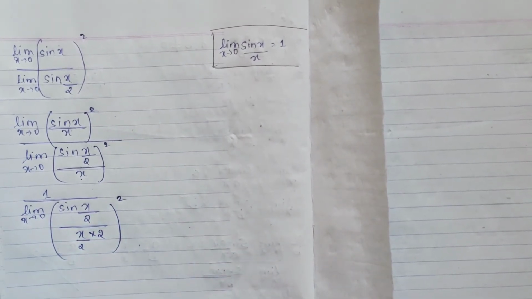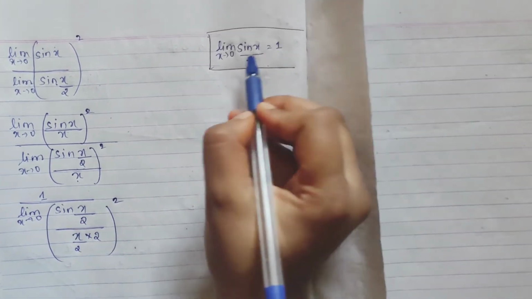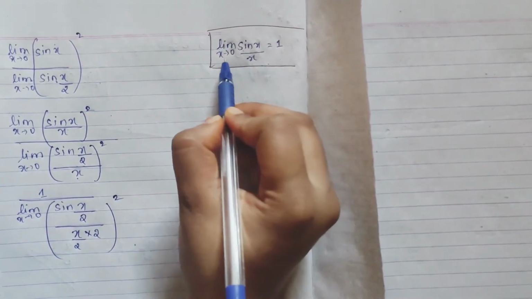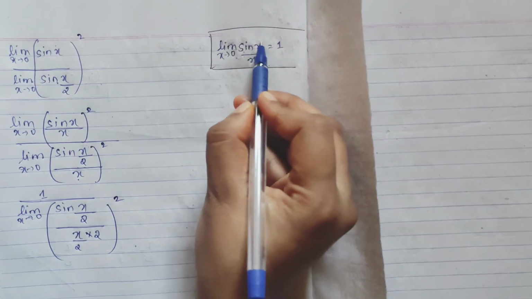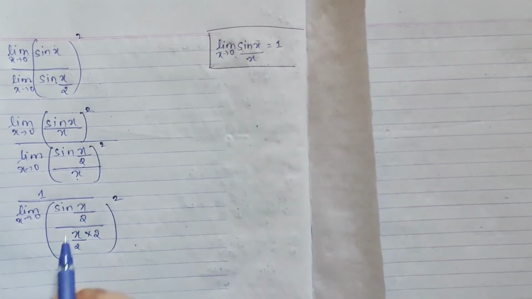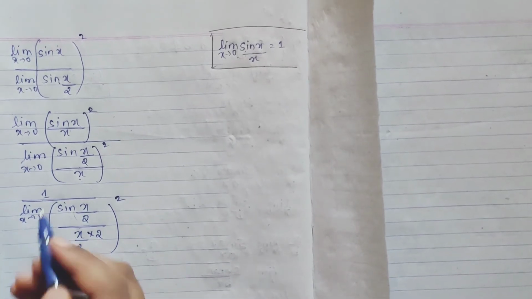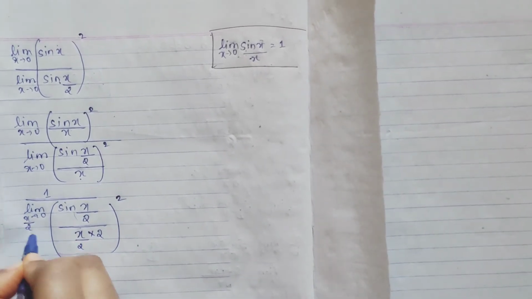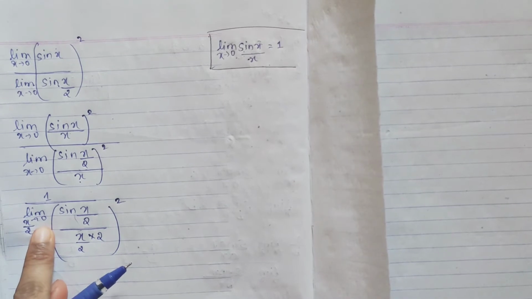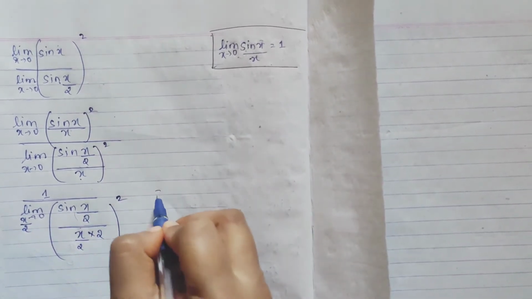But see here, sin x by x as x tends to 0, whatever this part is, that should be tending to 0. Here it is x by 2, so here also x by 2 tends to 0. You should be very careful about this, okay.